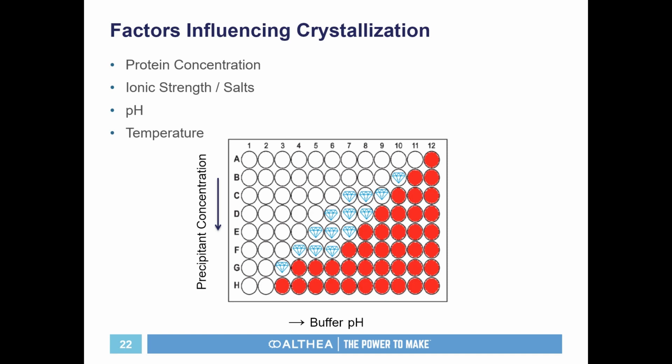And in general, as you approach the pI of the protein, you decrease the solubility of the protein, and that is something we do take advantage of and can definitely influence the crystallization. Another factor to consider is the temperature. You don't want your protein to unfold or to aggregate, but some proteins will only crystallize at very specific temperatures. So it's definitely something we look at.